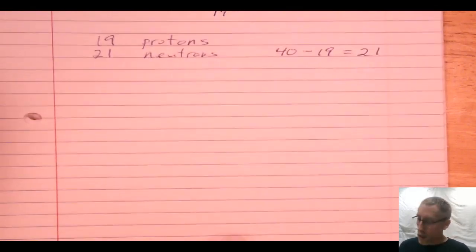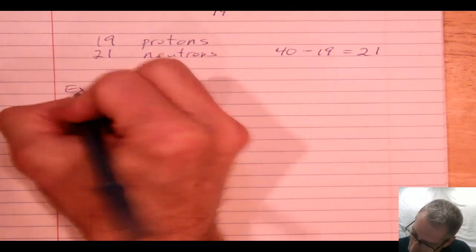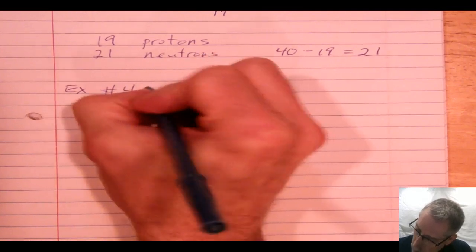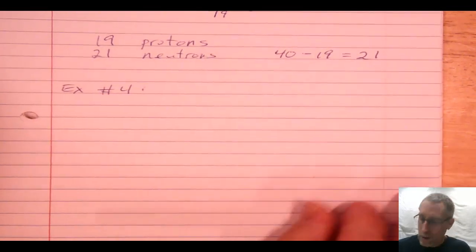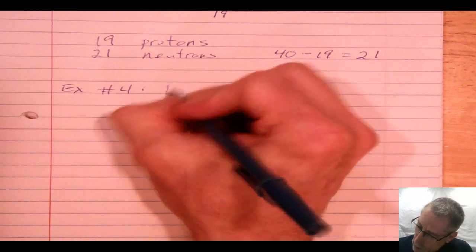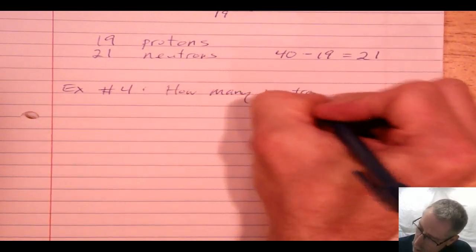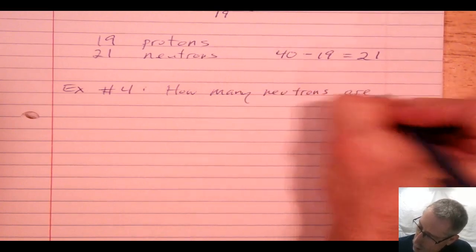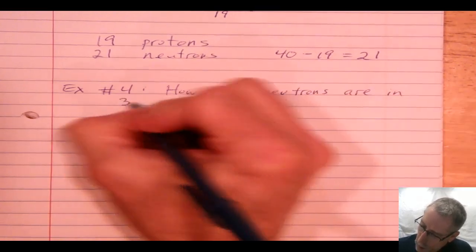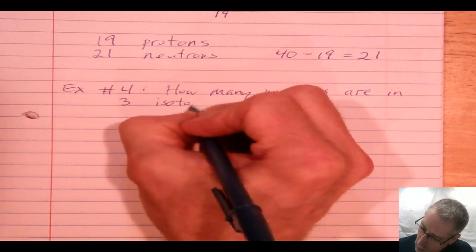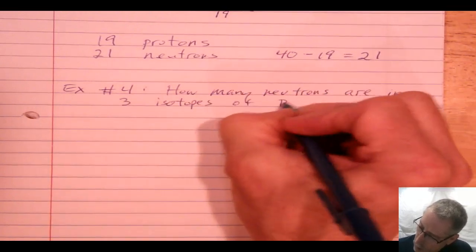Okay, for our last example here, and you don't need to wait on me if you can do these on your own, we'll ask this: how many neutrons are in 3 isotopes of barium?